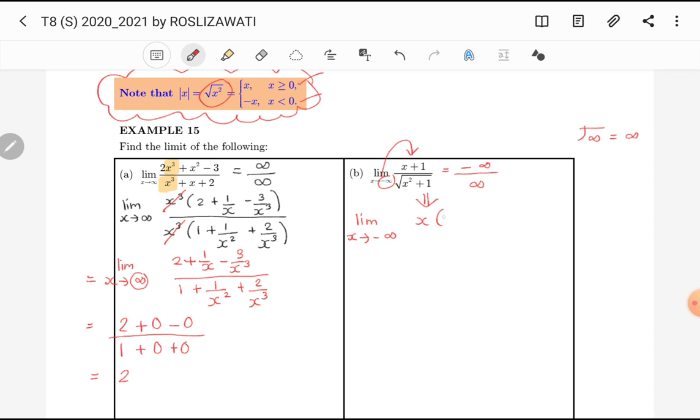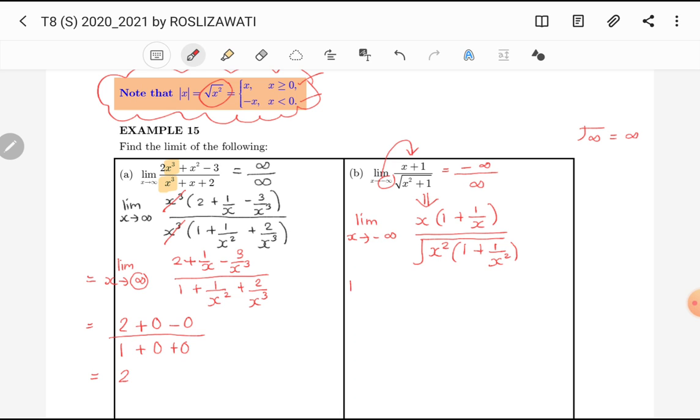Okay, what remains? 1 plus 1 over x and divide by, okay, for denominator we have square root. So we write square root. Okay, kita akan factorize yang dalam lah. Ya? So we take out x squared. So tinggallah 1 plus 1 over x squared.